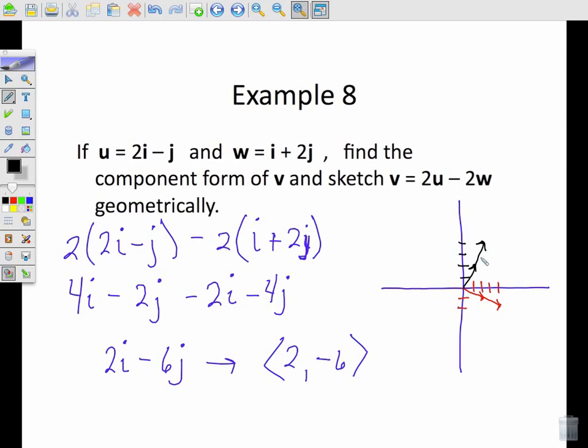All right, now what we know about subtraction. Subtraction is you go to the end of the second one, to the end of the first. So this is the resultant vector. This is 2u minus 2w. Okay, it wouldn't be any different if I did my vector of 2, negative 6, so over 2, down 6.